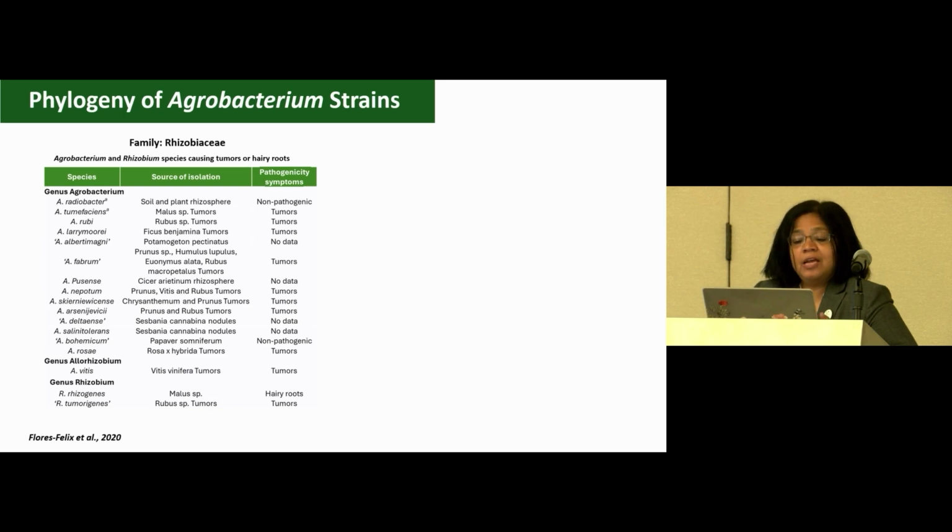This is the latest publication I could find, so that's why I'm basing this information on it. There are different types of Agrobacterium found in nature, isolated from infected tissue. The third column shows whether they are known to form tumors or not.